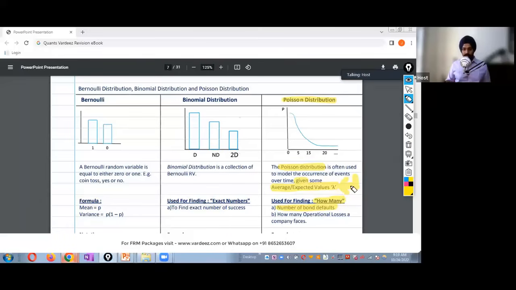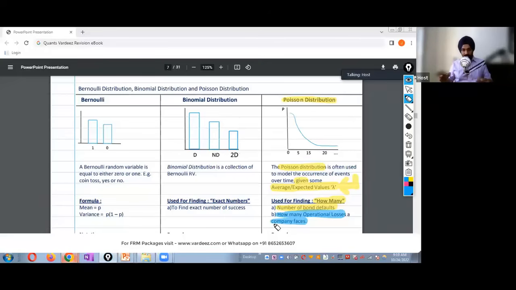Okay. Similarly, we can also use the Poisson distribution, and this is something you would see in your operational risk chapter as well, to find how many operational losses a company will face. I look at last year and I see that I have faced maybe 4 operational risk losses, 4 losses on average in the last year.